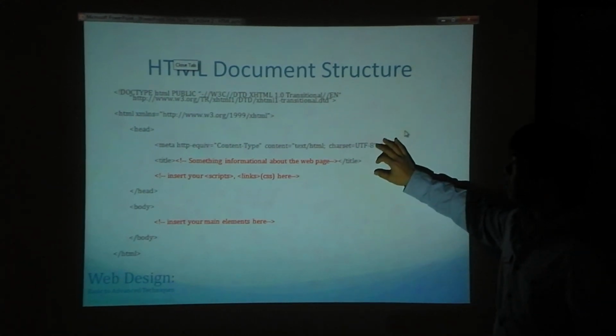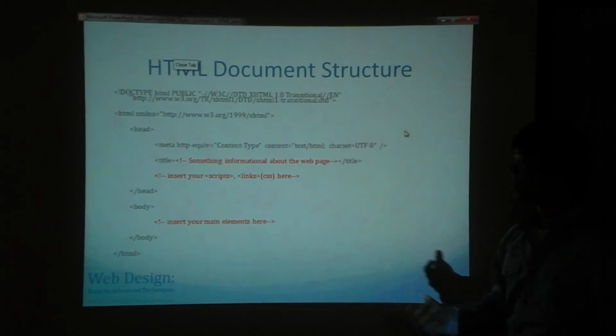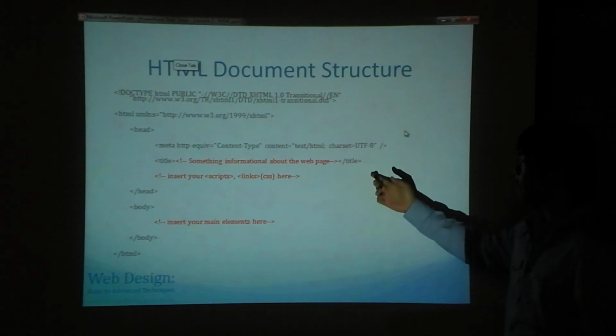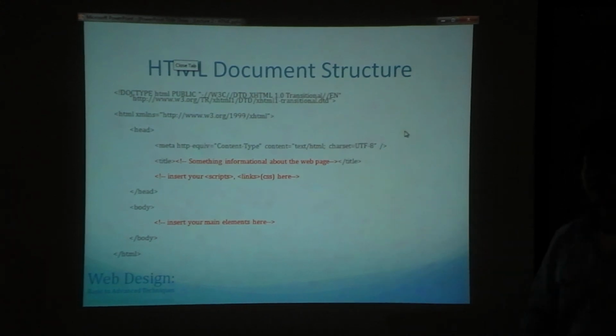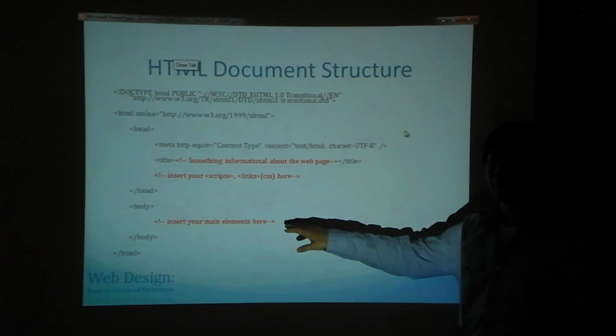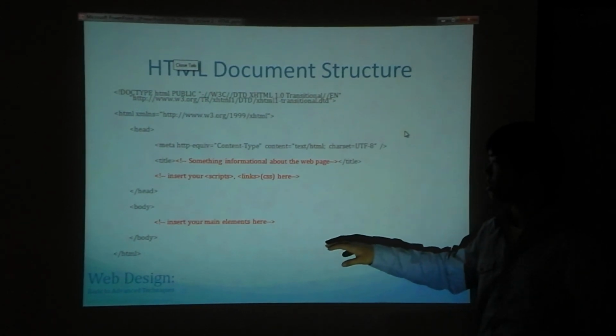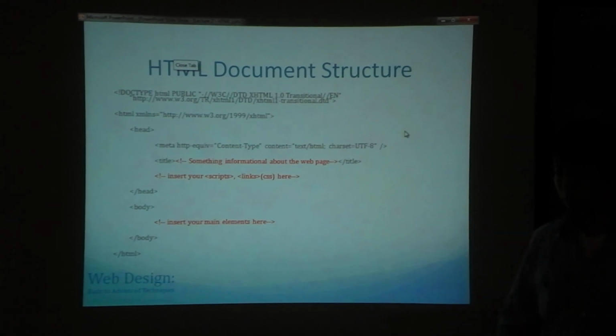And then you have a head, which contains a lot of information, like metadata, a title for the web page, and stuff to import like JavaScript and cascading style sheets, CSS. And within the body is where the meat of your web page goes. This is where you'll be writing the structure and the body of the page.